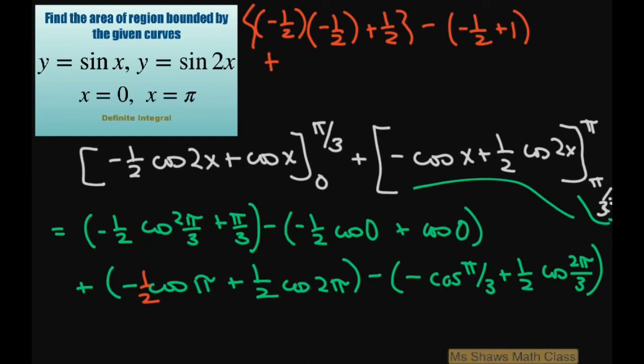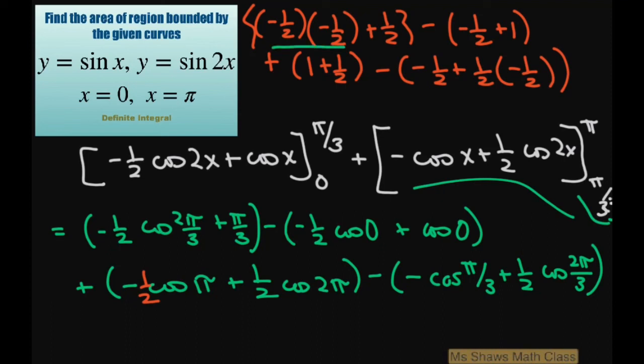Then plus 1 plus 1/2. And then minus negative 1/2 plus 1/2 times negative 1/2. When you add all this up and multiply it through, you get 5 divided by 2.